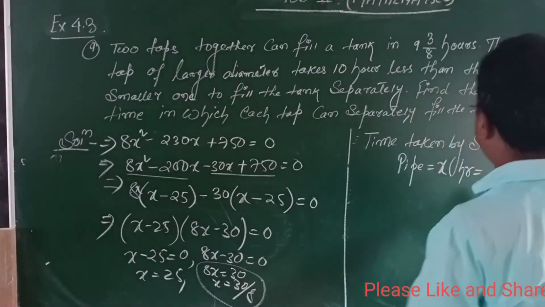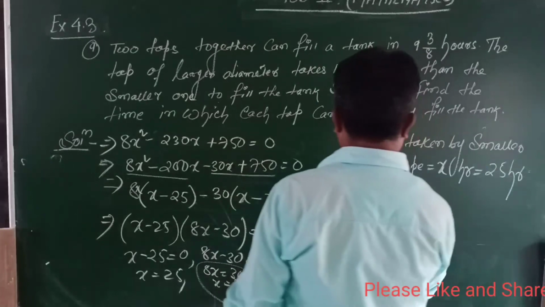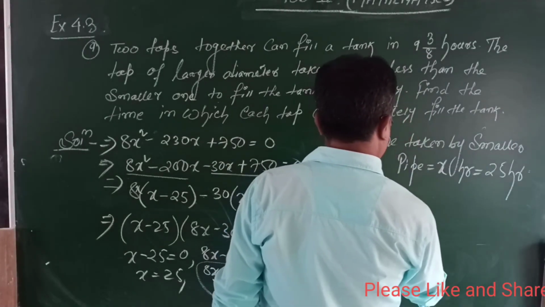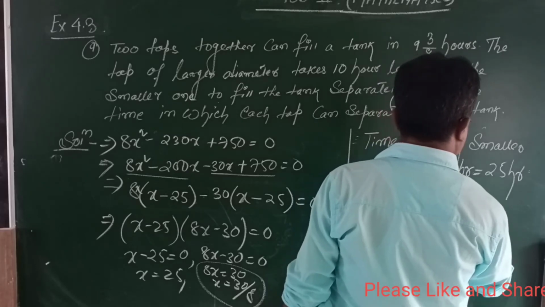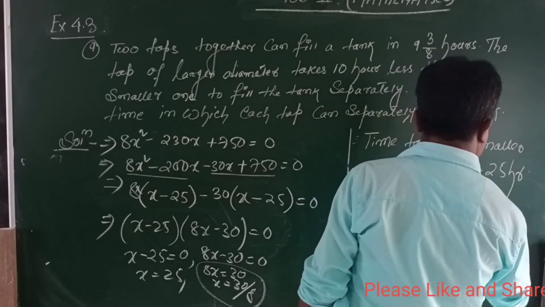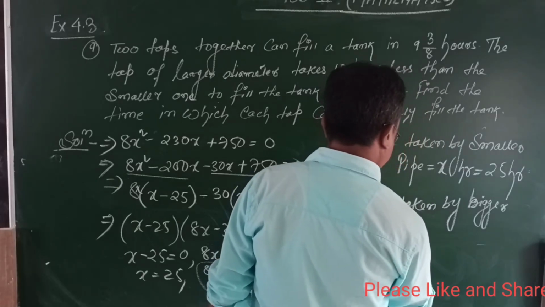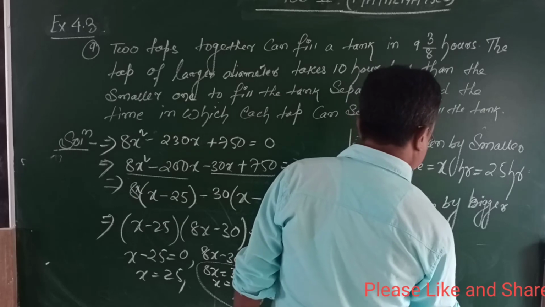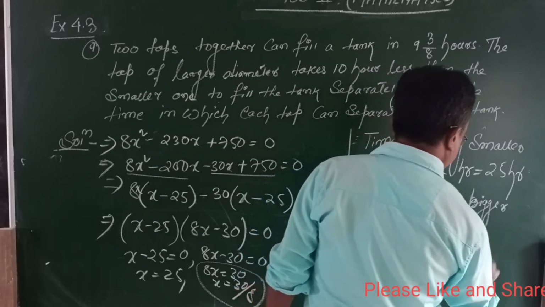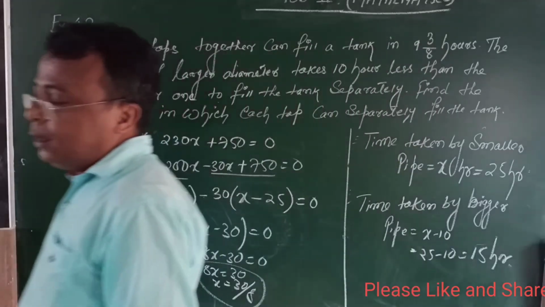So x, what we got? It is 25 hours. Answer. So the time taken by the bigger pipe is equal to x minus 10, that means 25 minus 10 is equal to 15. So this is the answer of this question.